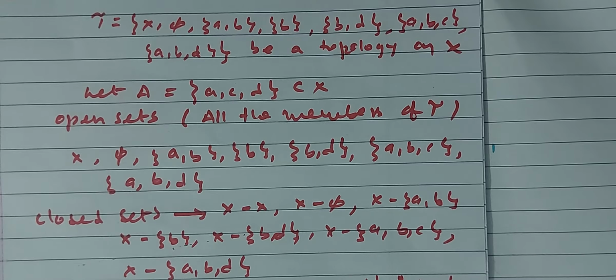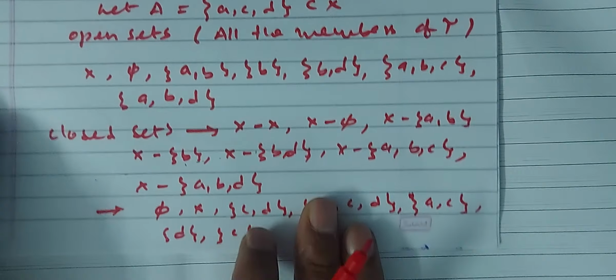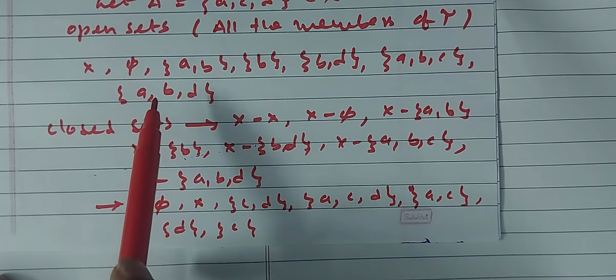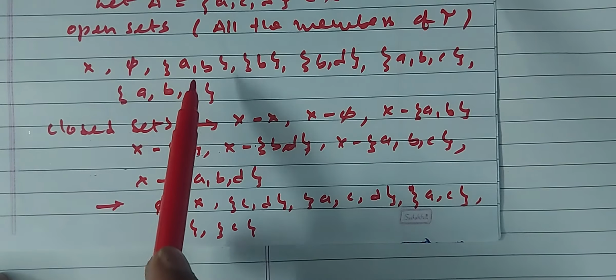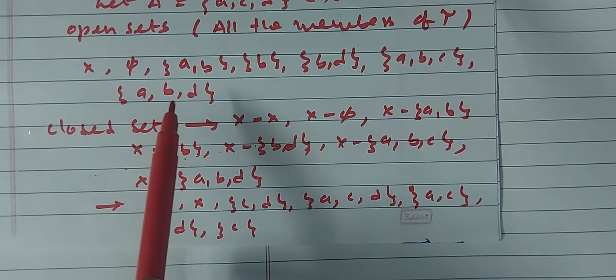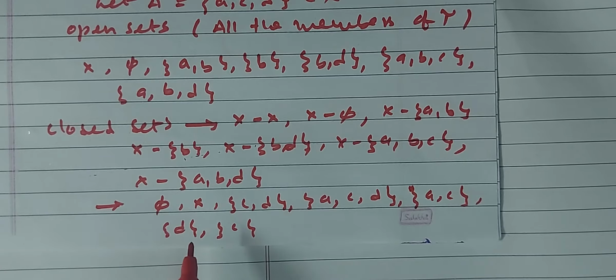Next, let us find one by one. These are all the closed sets, and what was given at the top are all the open sets. From X we can subtract all these, and automatically we will get the closed sets.